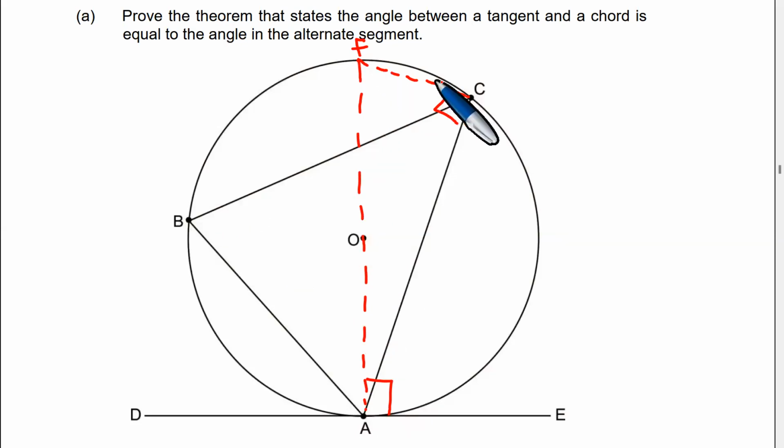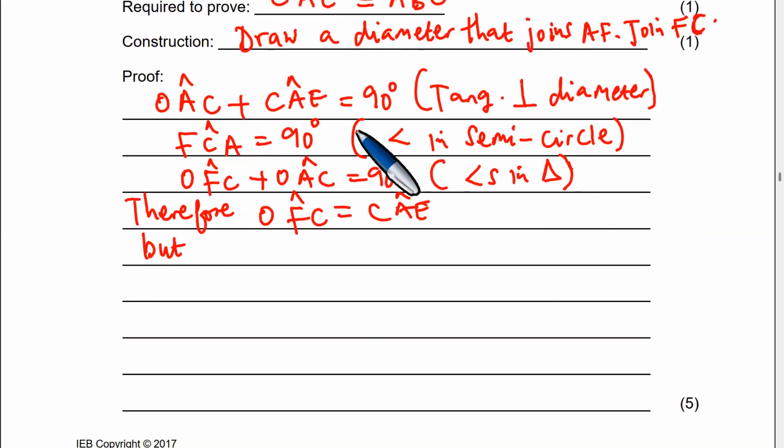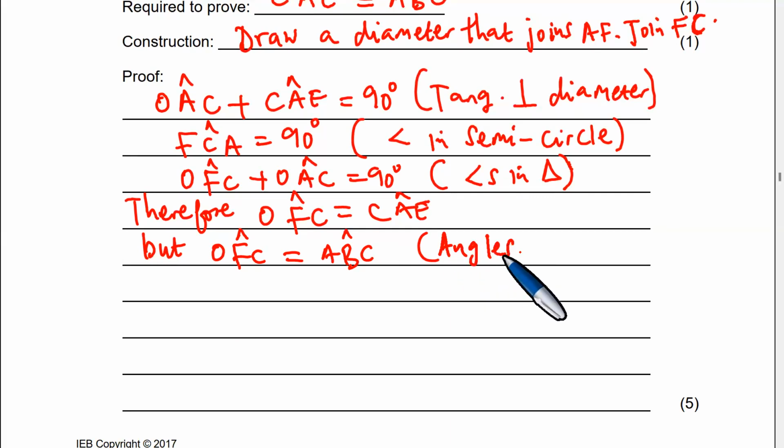So OFC is equal to ABC because they're angles in the same segment. That's what I'm going to write down here. OFC is equal to ABC because these are angles in the same segment.